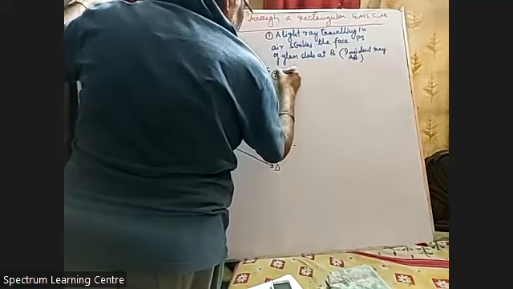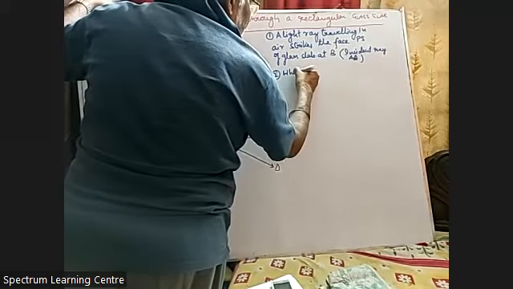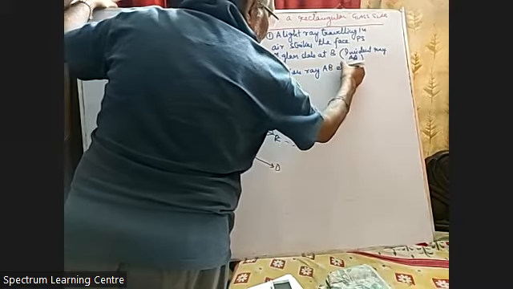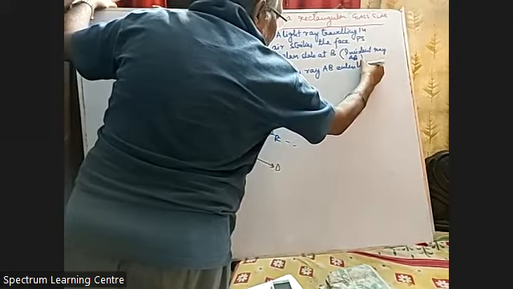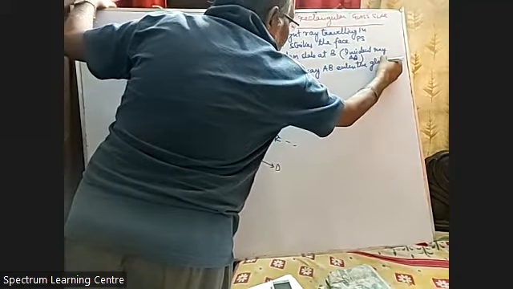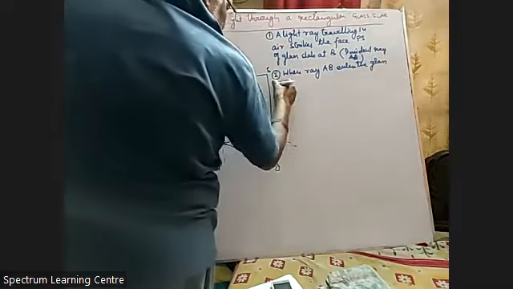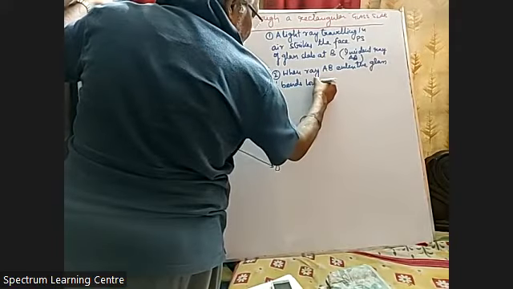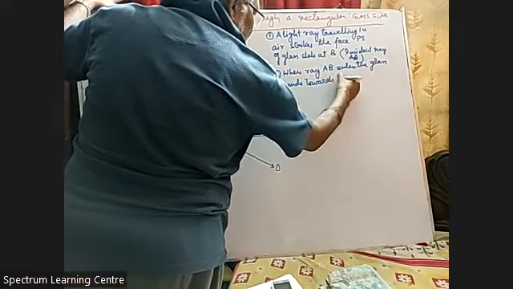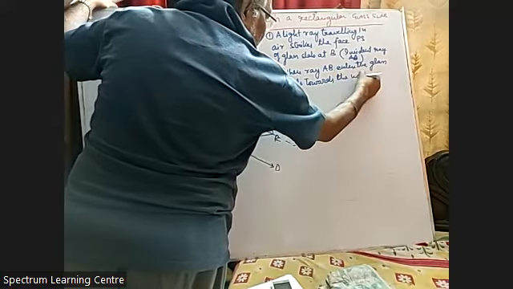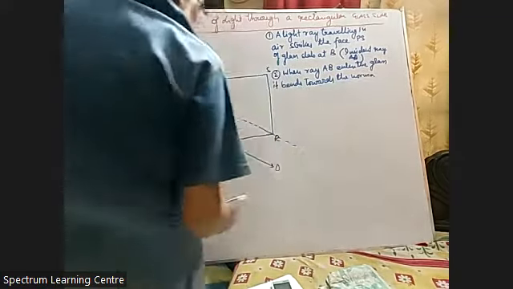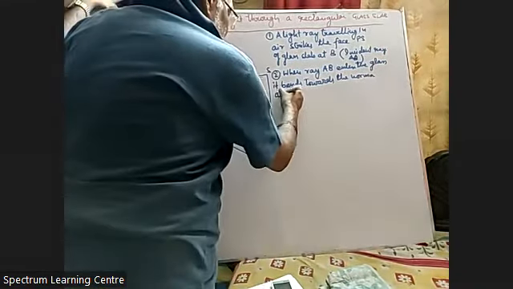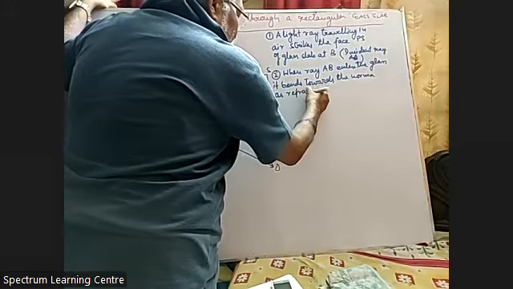Number two, when ray AB enters the glass, it bends towards the normal as refracted ray.